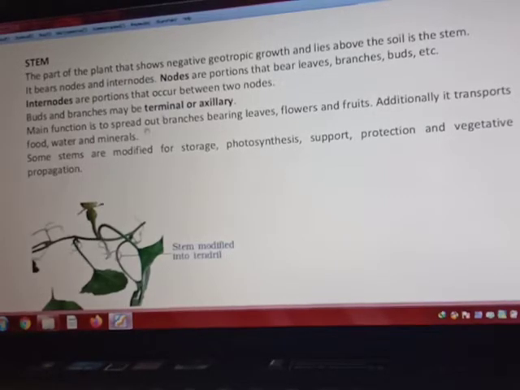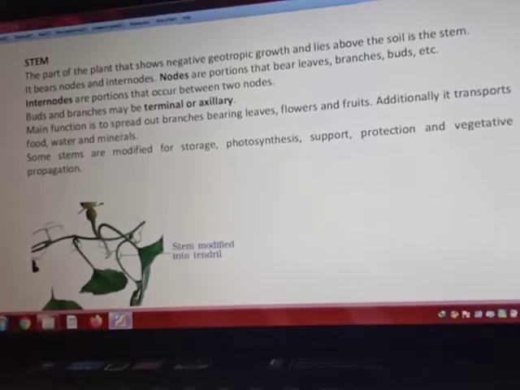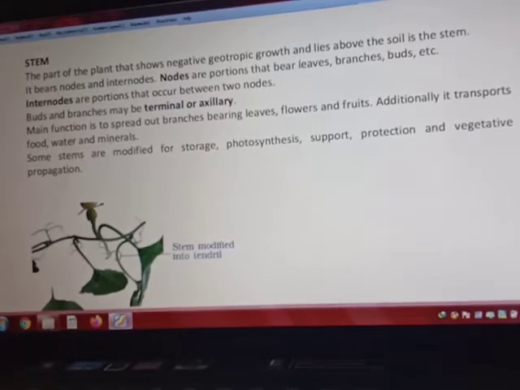All right. And apart from this, leaves, flowers and fruits are present on the stem, and these help in the transportation of food, water and minerals by the help of xylem and phloem, the conducting tissues. So students, it was just the general characteristics of the stem. Now in some plants, stems are modified, as I told you earlier also. Modification for what?